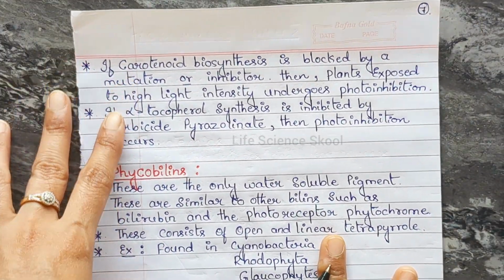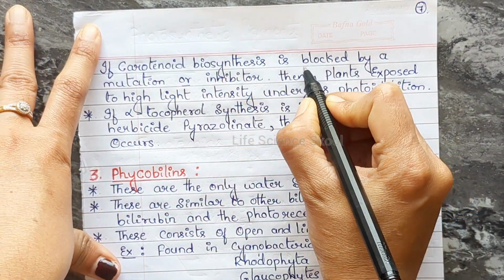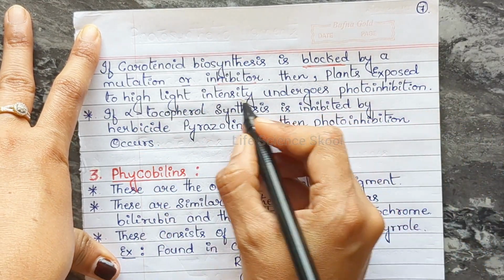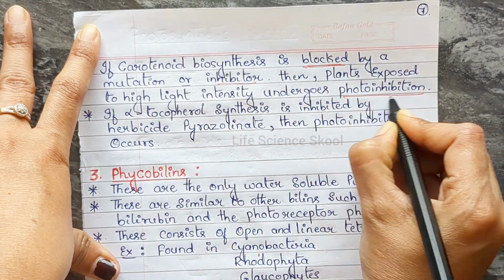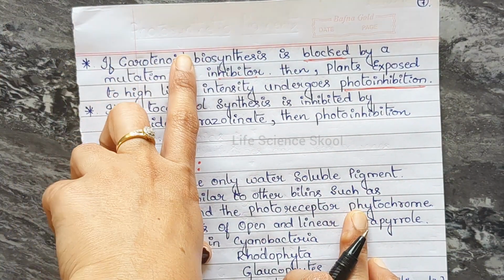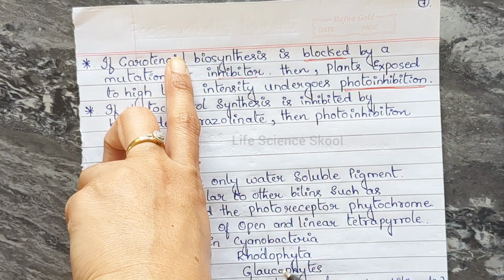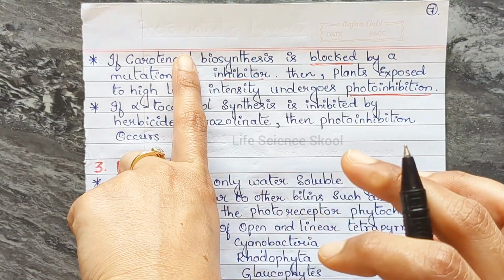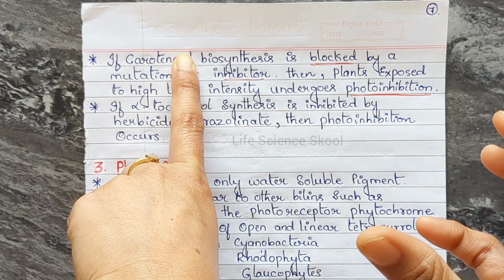Moving on to the next point, if carotenoid biosynthesis is blocked by a mutation or inhibition, then plants exposed to high light intensity undergo photoinhibition. Obviously, right? Because of the presence of carotenoids, the chlorophylls are not going to get damaged by exposure to high light intensity.